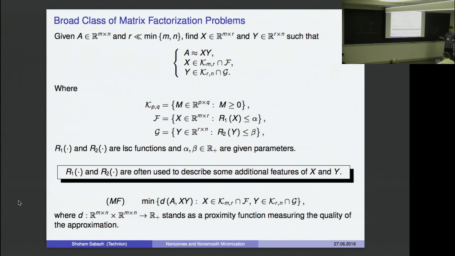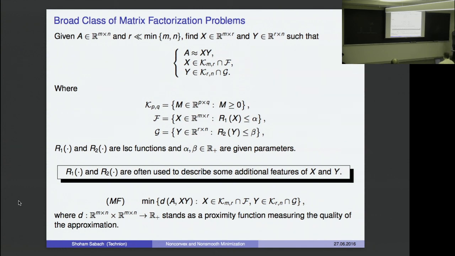So a very general optimization model that you can think of to deal with this problem is to minimize a certain proximity function, given by the function D, that measures the quality of the approximation between the original matrix A and the product of X and Y, where of course X belongs to its constraint set and Y belongs to its constraint set.